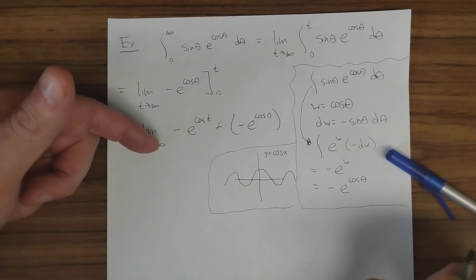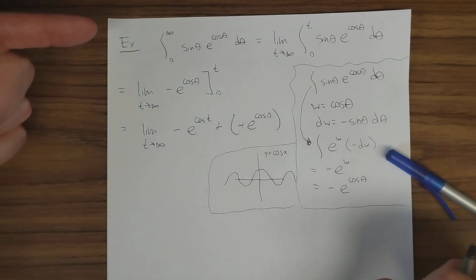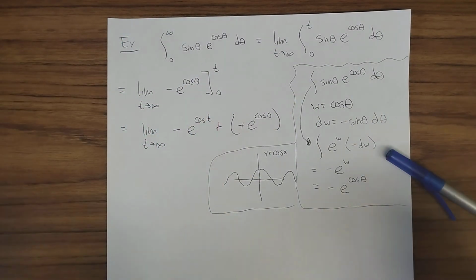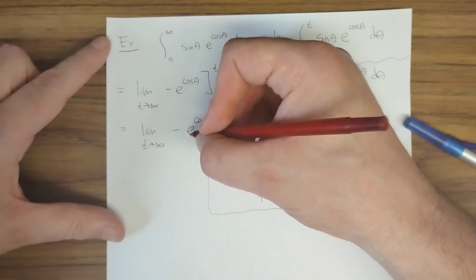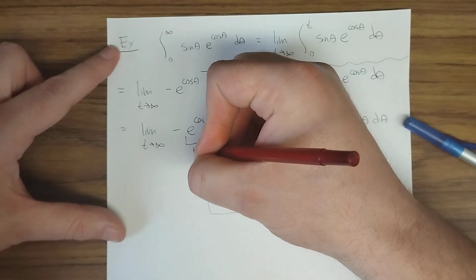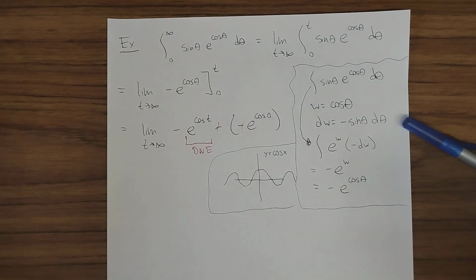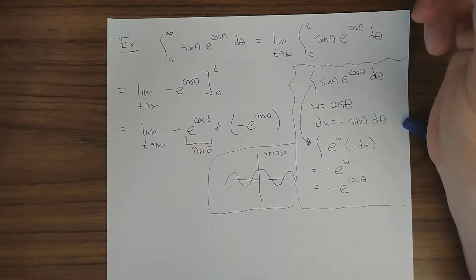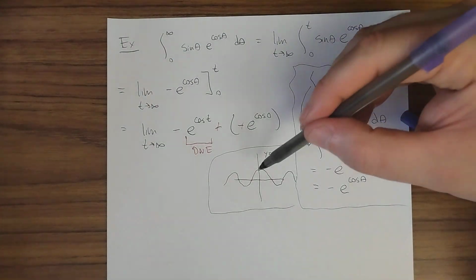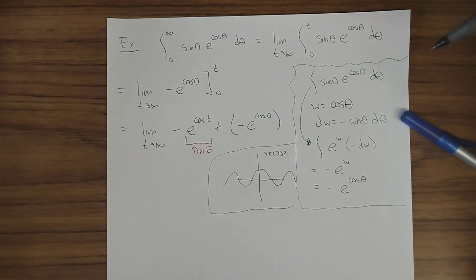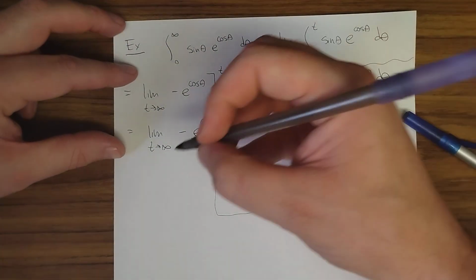So this limit as t goes to infinity of cosine t, that doesn't exist. It's not infinity or negative infinity. It's just a limit that doesn't exist. It just oscillates between -1 and 1 forever.